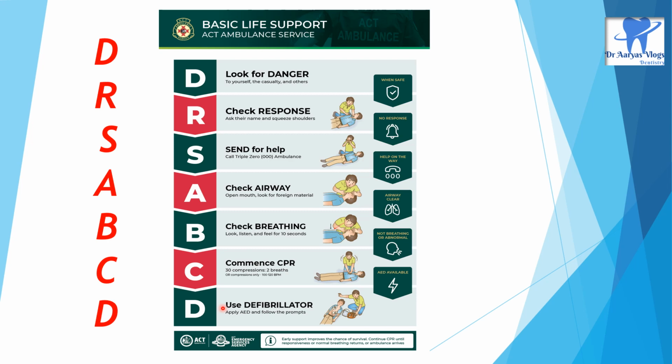Apply the defibrillator if available and follow the voice prompts of the AED, the automated external defibrillator. So these are the various steps of the basic life support chart: DRS ABCD. Danger, response, send for help, check airway, check breathing, commence CPR and use defibrillator. That's clear? Okay.